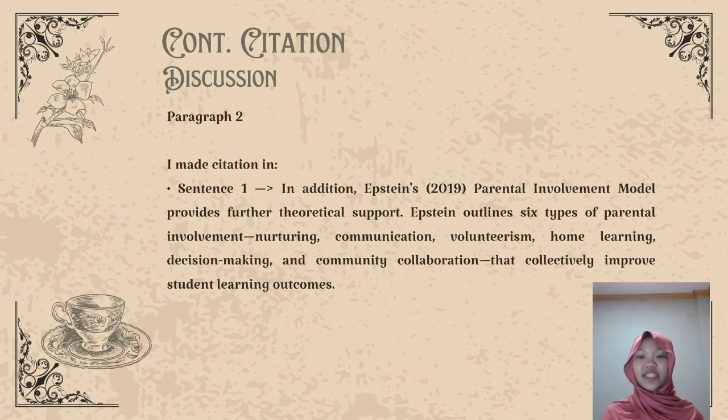Epstein outlines 6 types of parental involvement: nurturing, communication, volunteerism, home learning, decision-making, and community collaboration that collectively improve students' learning outcomes. I made the citation from Epstein in the year of 2019.